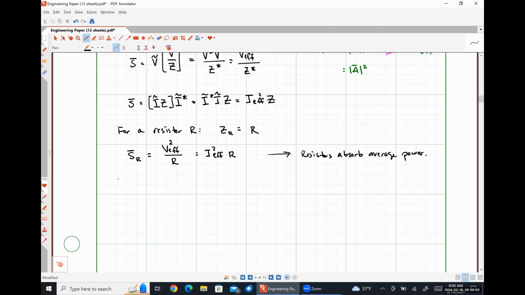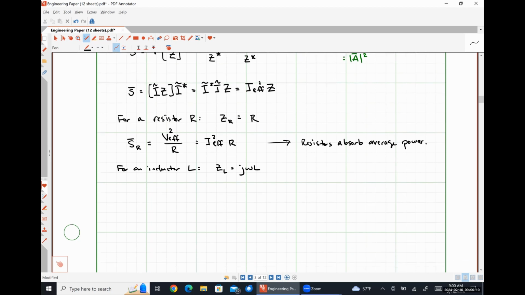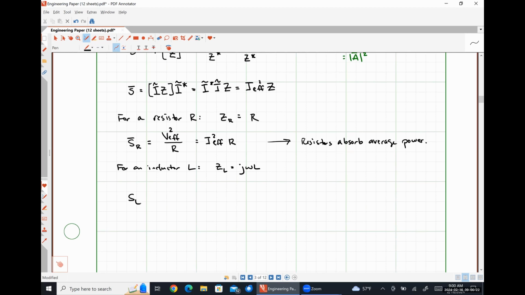Now let's look at an inductor. So the impedance of an inductor is given by J omega L. So our complex power in terms of the voltage would be V effective squared divided by negative J omega L, because I need to conjugate my impedance.